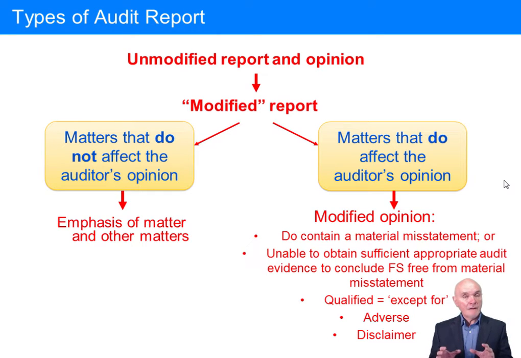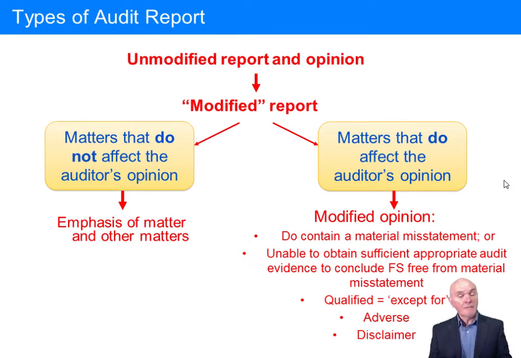So the amount, the item, if you like, has been properly disclosed in the notes. We're simply frightened that the members of the company are going to overlook it. So it's like a big red flag waving at people saying, go and look at this because this could be really useful to your understanding of the company's financial position.